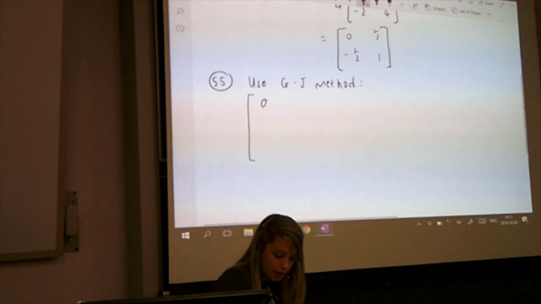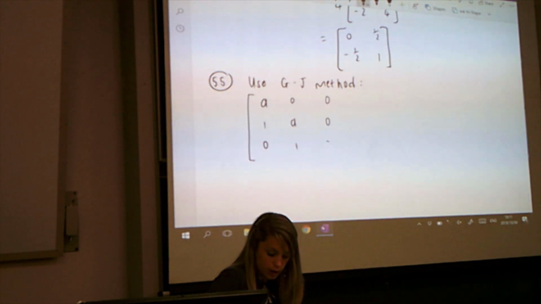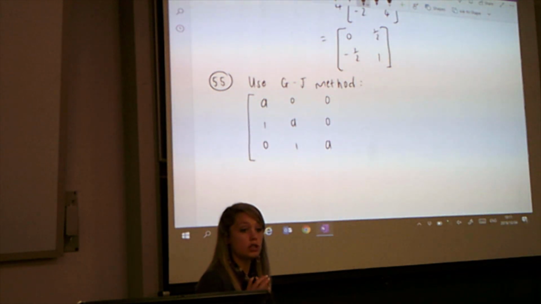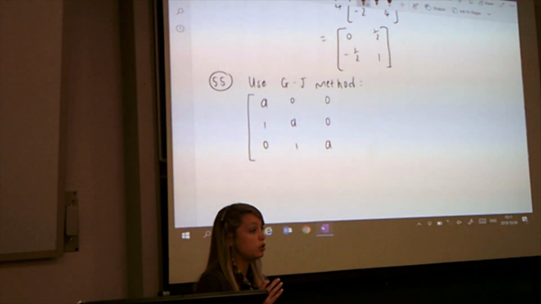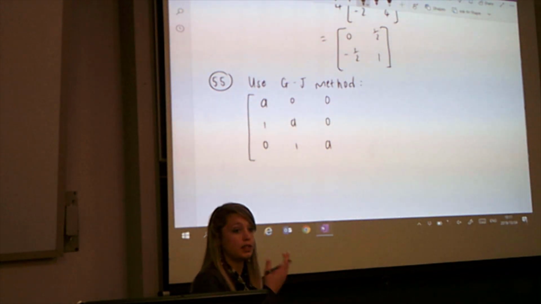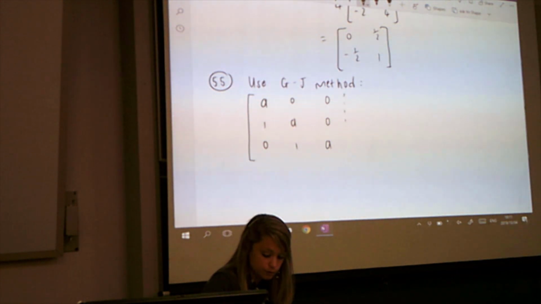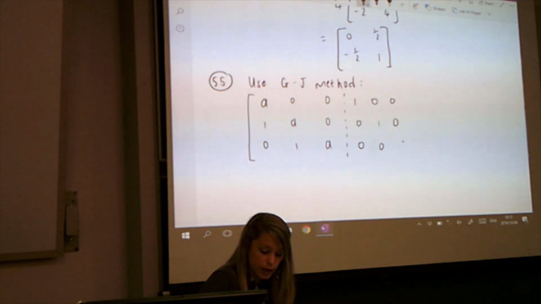We have A, 1, 0, 0, A, 1, 0, 0, A, and then when we use the Gauss-Jordan method, what we do is on the right, we write an identity matrix with the same size as the matrix on the left. So it's 1, 0, 0, 0, 1, 0, 0, 0, 1.